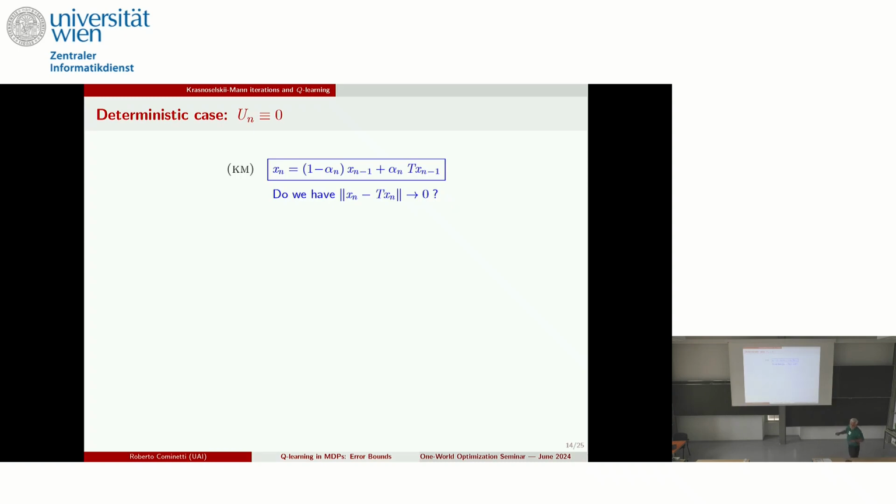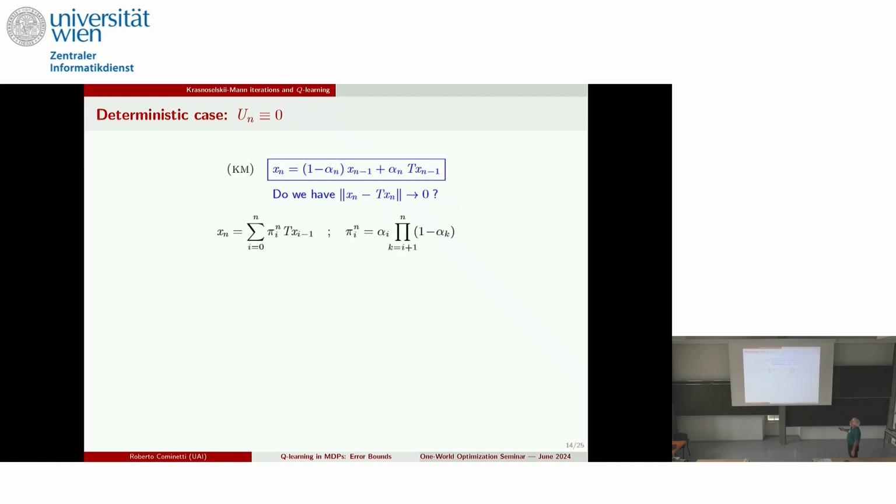But this is the part that I already spoke about, but just for the sake of those who haven't seen this before, let me just give you a rough idea of how we deal with these iterations, how we estimate error bounds. So the norm of the residual, this is what I want to bound. And suppose first that there is no noise, so the deterministic case.